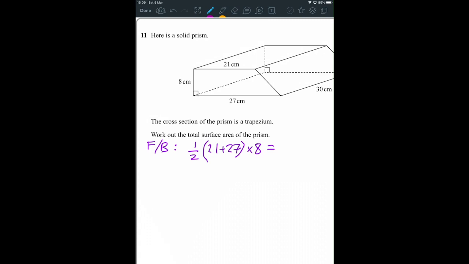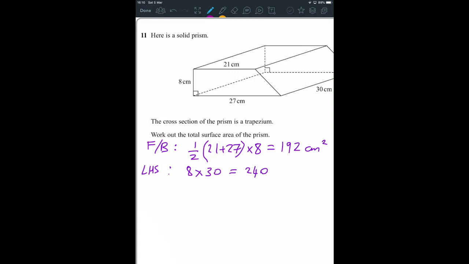0.5 times 21 plus 27 times 8. And that gives me the front and back are each 192 centimeters squared. I need to remember later that I should double that. I'm going to go for the left hand side. That's just a rectangle. That's an 8 times 30, 240.